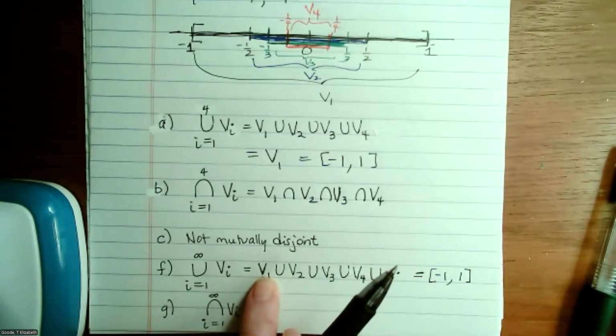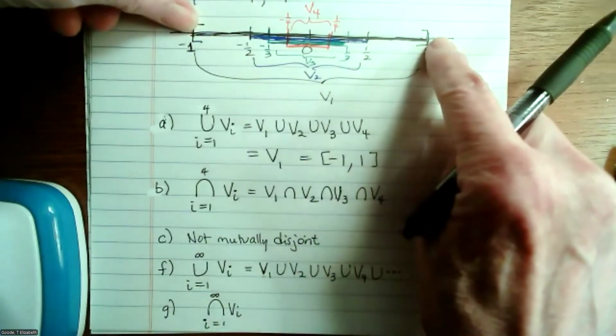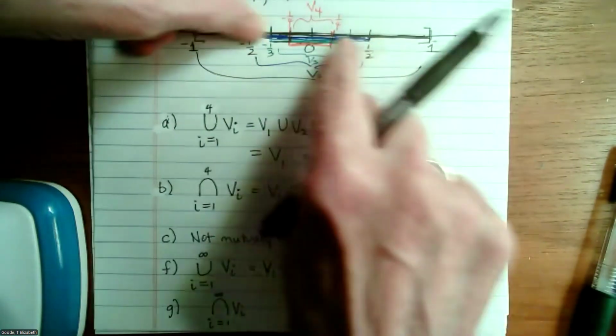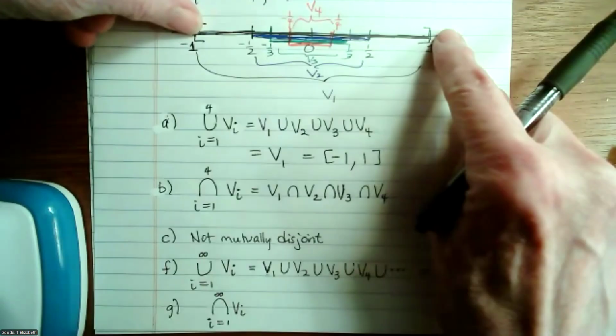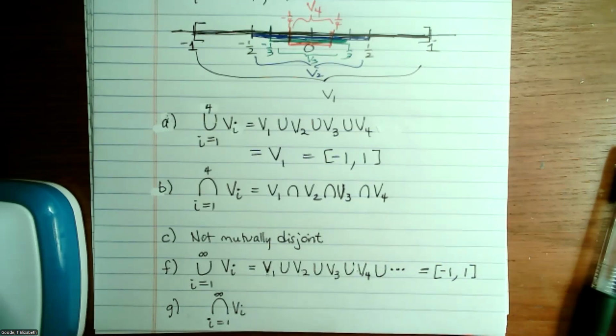The minute you've got V1, all the other ones are subsets of V1. So unioning V1 with any of these doesn't give you anything that wasn't already in V1 to begin with. I see. So that infinity symbol above union means keep on going forever. I see.